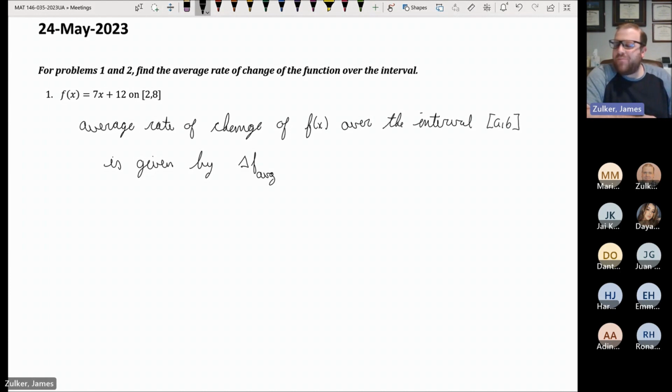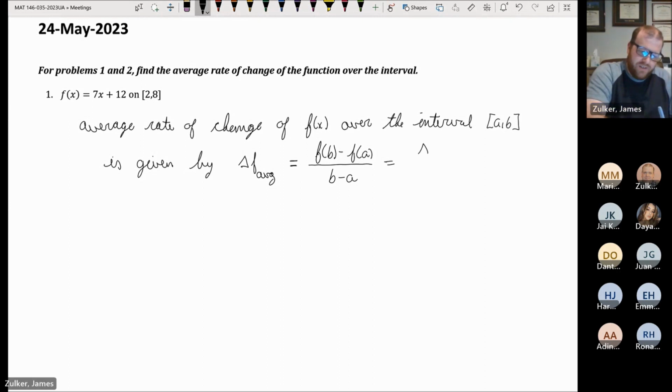It's delta f sub average, right? It's f of b minus f of a over b minus a. You may also see it written as delta y over delta x, change in y over change in x.